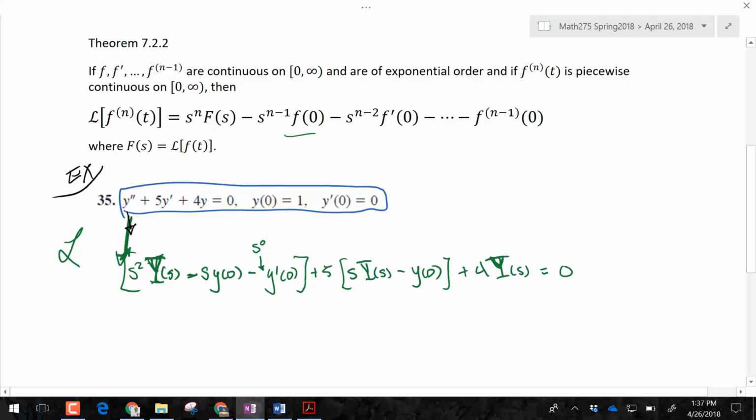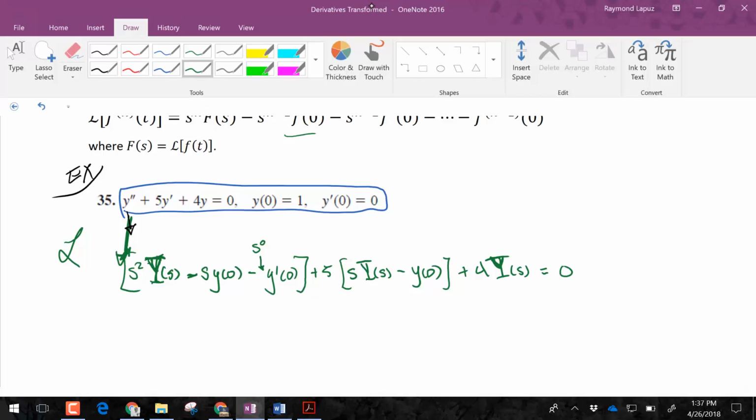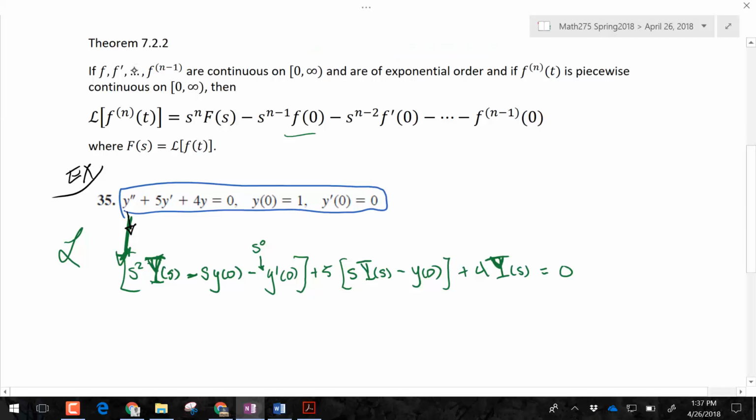So now you're in the Laplace world, and all you're going to do is algebra, solving for capital Y. Okay? So let's put in those values. We have y of 0 is equal to 1, and y prime of 0 is equal to 0 from the initial conditions.